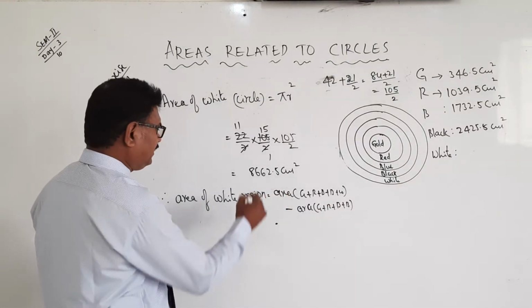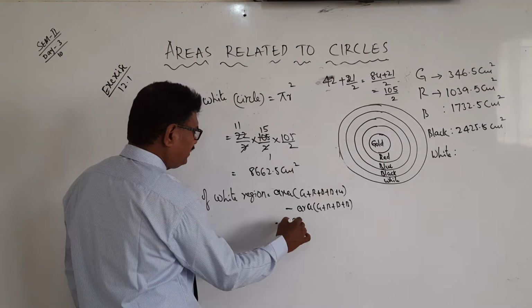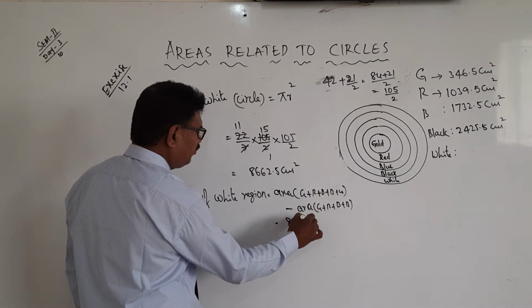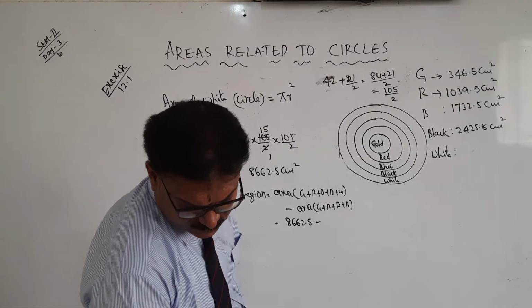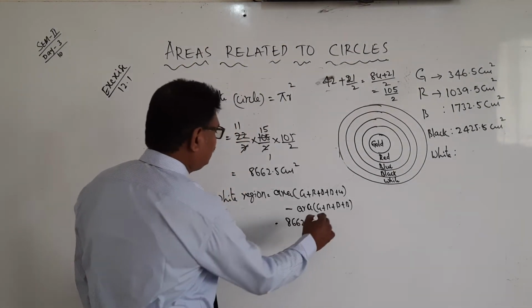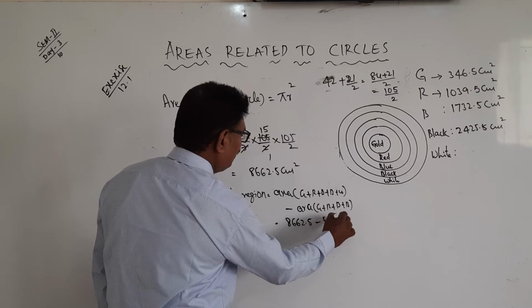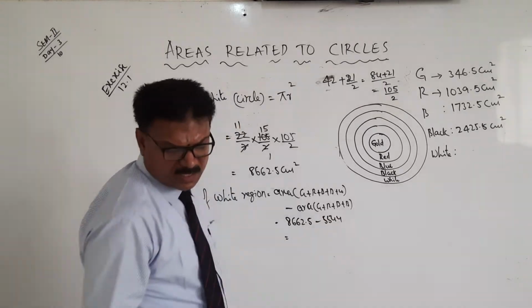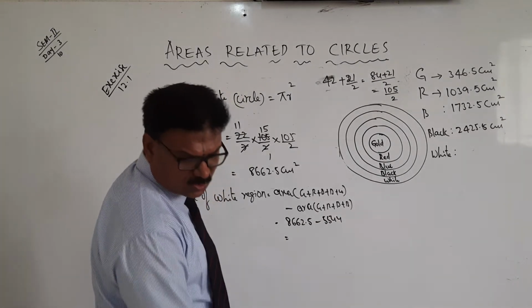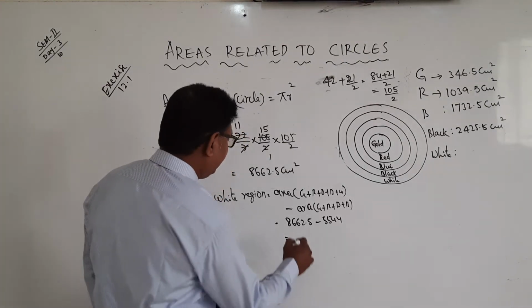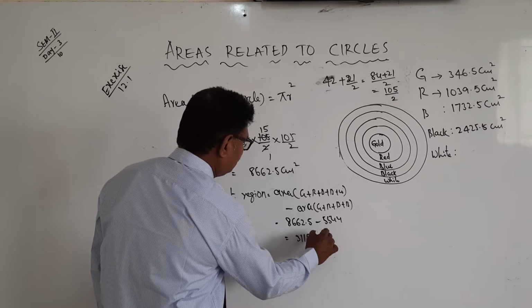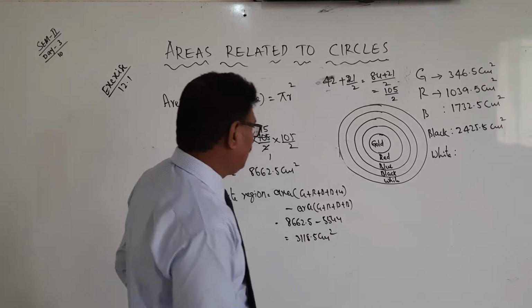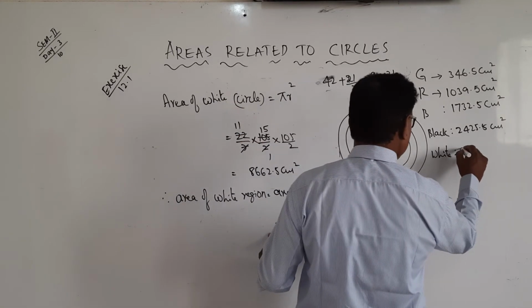Okay? That is nothing but 8662.5 minus how much you got? 5544. So it will be around 3011.85 centimeter square.